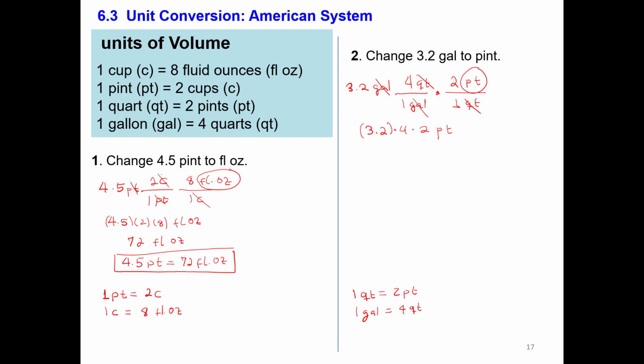If we multiply these numbers together, we will have 25.6 pints. Finally, we can say 3.2 gallons equal to 25.6 pints. And this is the answer.